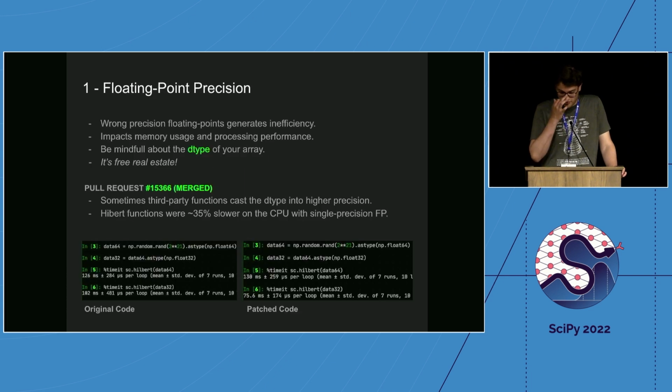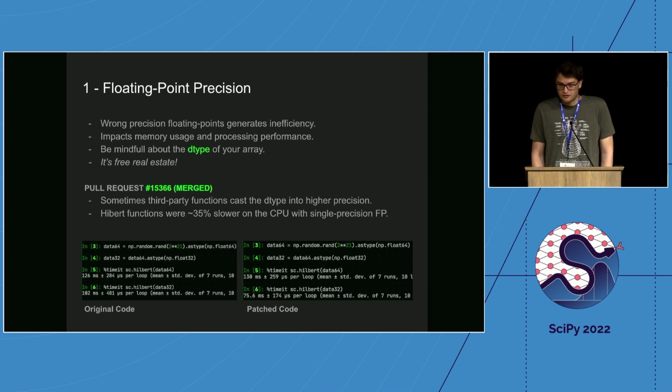The first thing to look at is the floating point precision, because the wrong floating point precision can generate inefficiencies in your code.